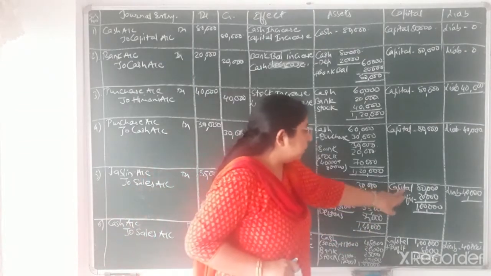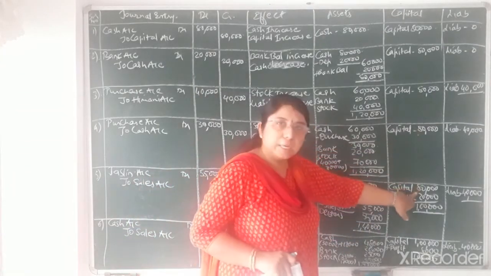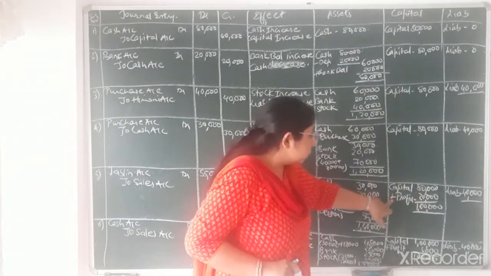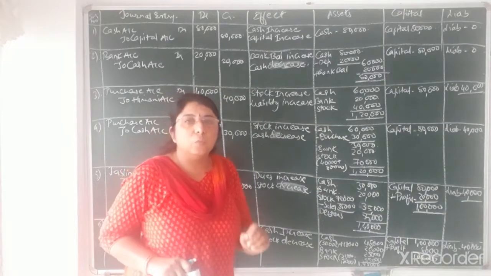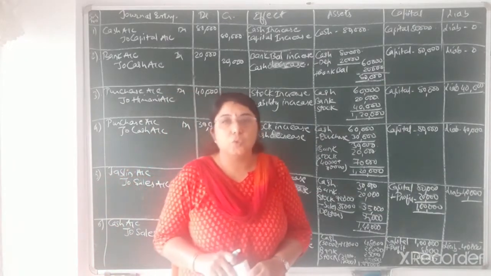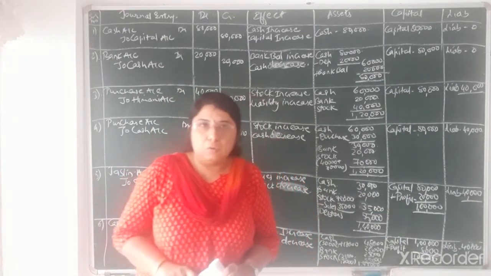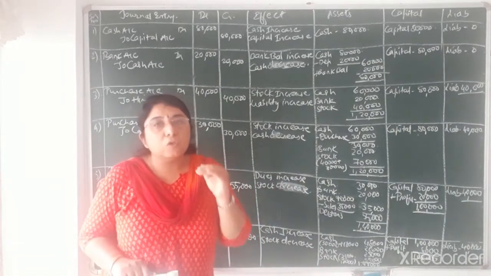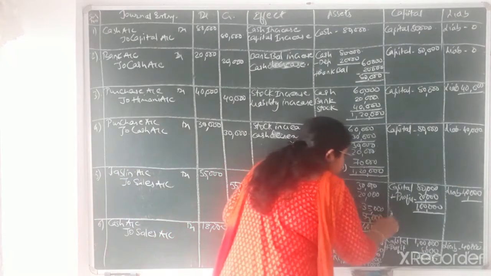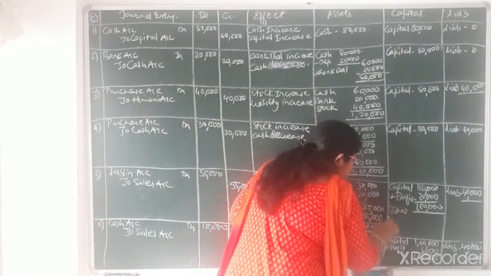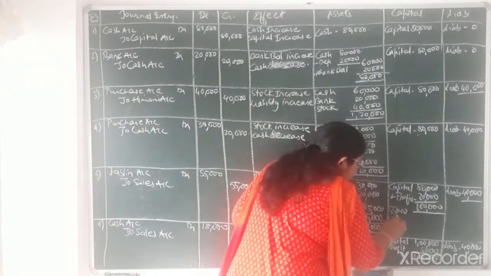Now in case of capital, the previous balance of capital was 80,000, plus the profit that I have made. Now how did the profit come? The goods that were worth rupees 35,000 we have sold at rupees 55,000, so we have sold the goods at a profit of rupees 20,000. That 20,000 is 55,000 minus 35,000.